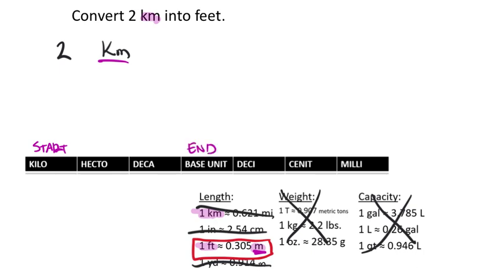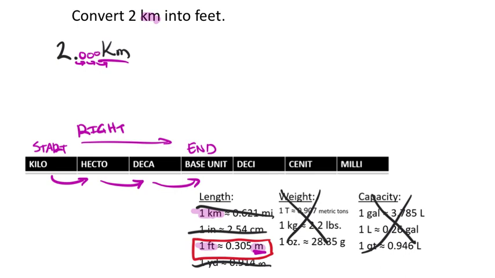Okay, so this means we're going to move the decimal to the right from the 2 kilometers, 1, 2, 3 decimal places. So that 2 would have a decimal right here next to the 2. And we're going to move it 1, 2, 3 decimal places, which puts 2 zeros on it. So 2 kilometers ends up being 2,000 meters.